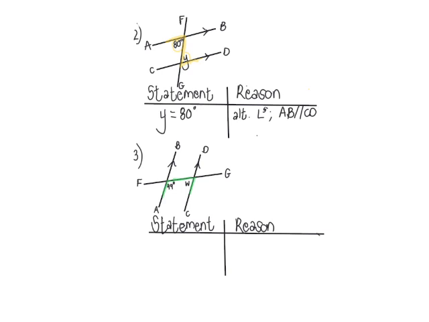So I can then say that 99 degrees and W are co-interior angles which add up to 180 degrees. So we can therefore say W and the 99-degree angle form 180 degrees because they are co-interior angles identified between parallel lines AB and CD.